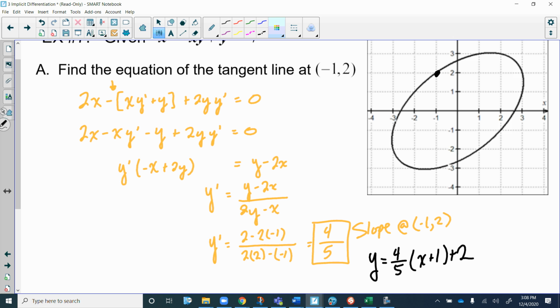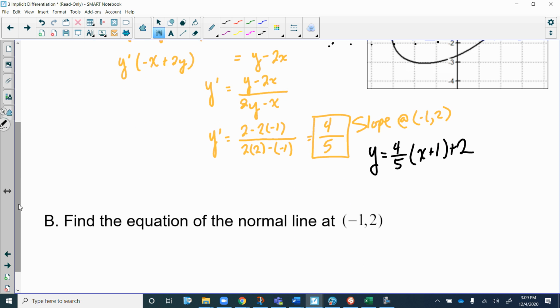So from there, 1, 2, 3, 4, maybe about like that. Something like that. There would be the slope of the tangent line. And I think we can go from there. Let's see. And I believe, there we go.